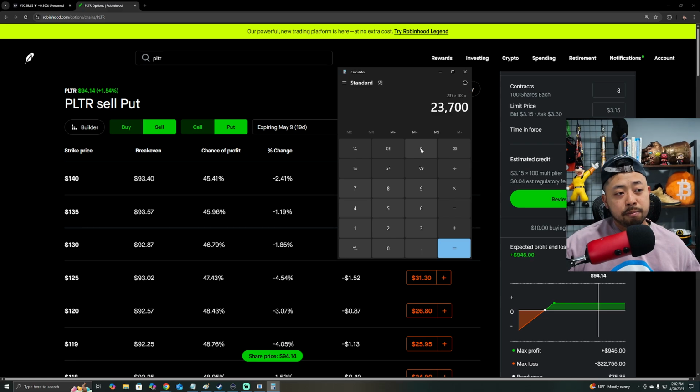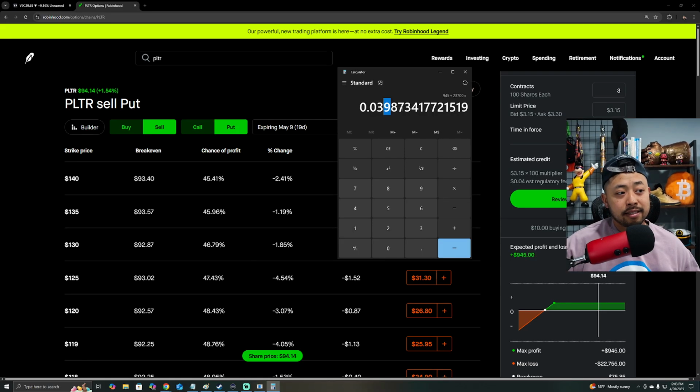That's how much money we'll need to put out for 3 contracts. So 944, just making it 945, divided by 23,700. And that means we're making 3.9% because you times that by 100. You're making 4% on your money in 3 weeks.